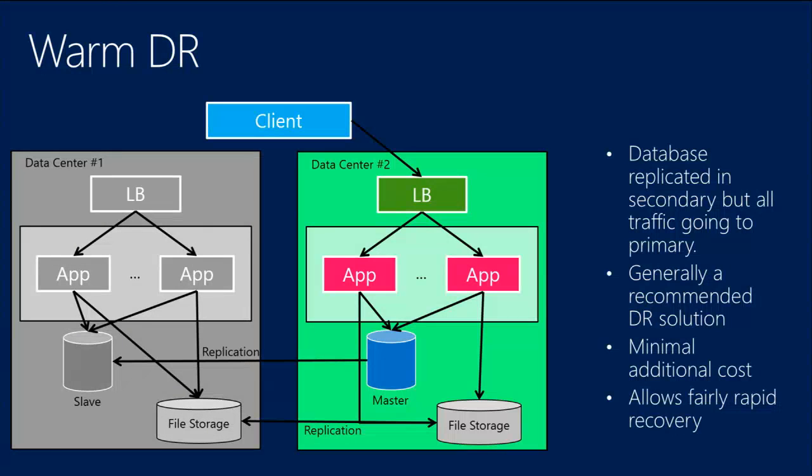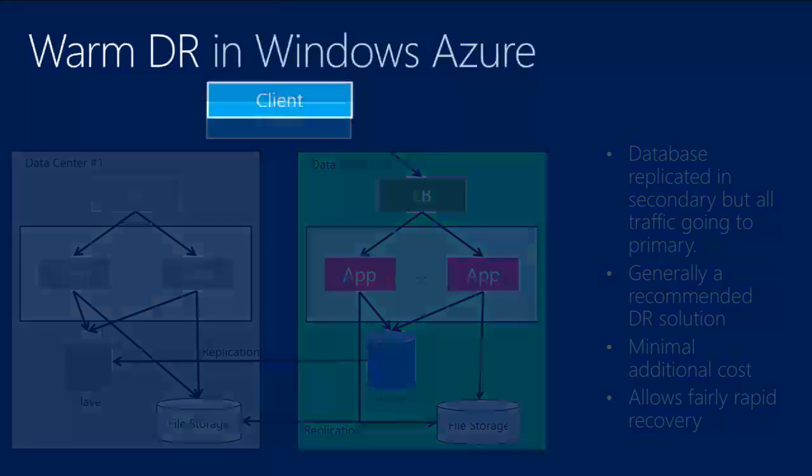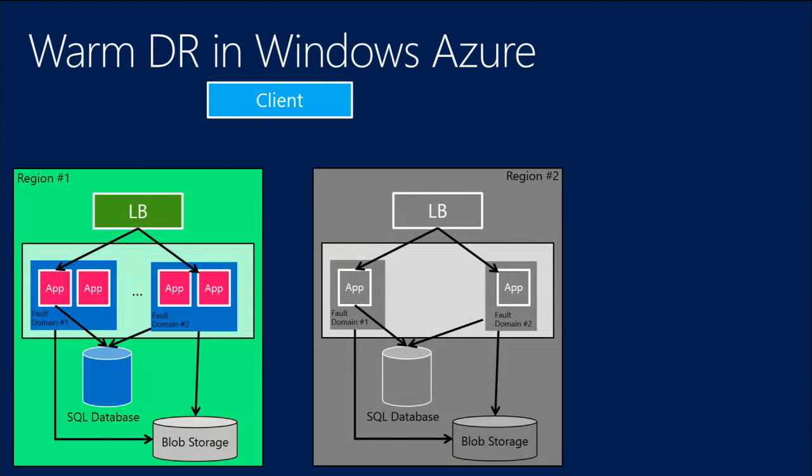In this case, Warm DR normally uses data replication. So they have a secondary already running, maybe a smaller one. That's what happens, but then the costs are minimal. From a Windows Azure standpoint, you would have, for example, North Central US, where you would put your main application.